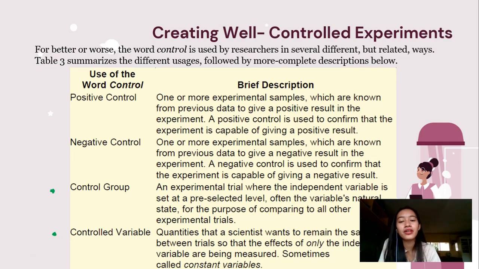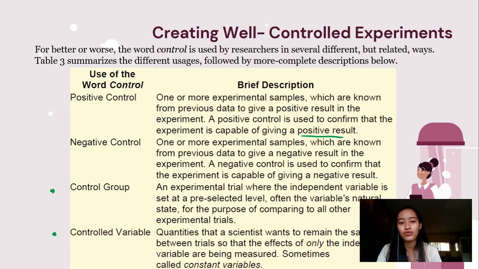So one or more experimental samples which are known from previous data to give positive result in the experiment. A positive control is used to confirm that the experiment is capable of giving a positive result. Positive meaning makita, observable results. Not positive, negative, good or bad. Positive, makita. There is an effect na iyang mabuhat.